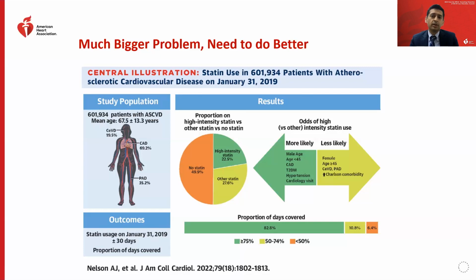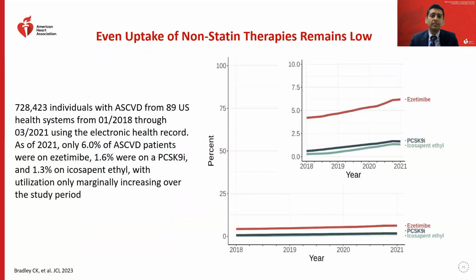So I'm really glad that we're having these talks to discuss how we can do that. And this is not just for statins either. This is a study our team did of over 700,000 patients with established ASCVD, and it looked at, from 2018 to 2021, the uptake of non-statin therapies like ezetimibe, PCSK9 inhibitors, icosapent ethyl.